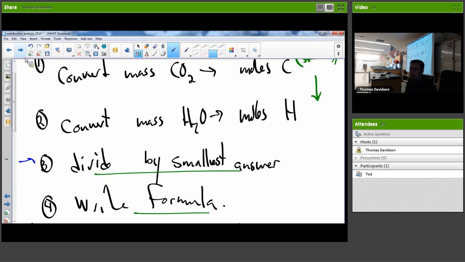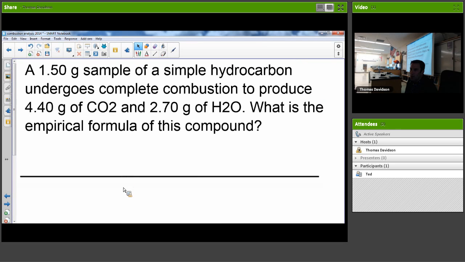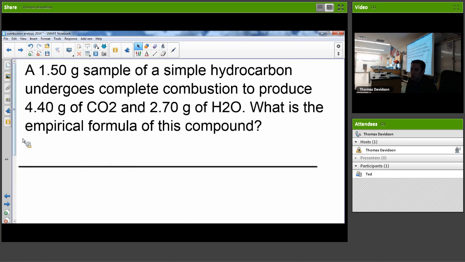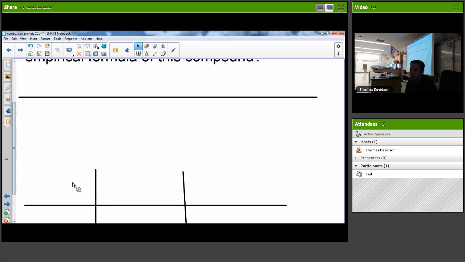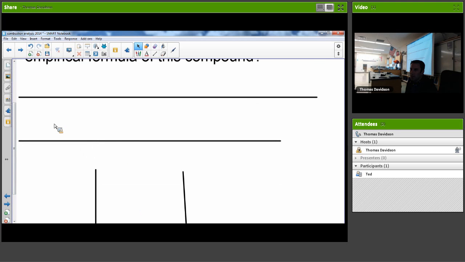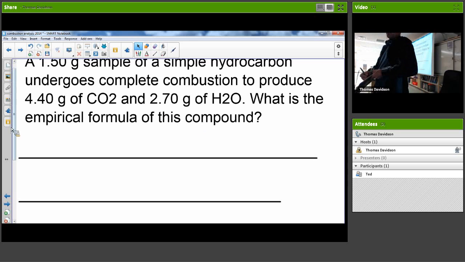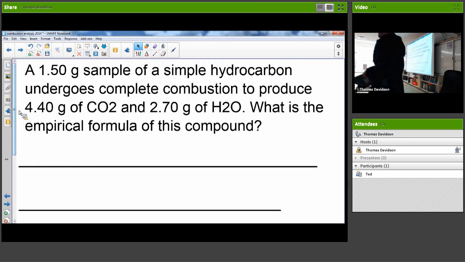Okay. So here we go. A 1.50 gram sample of a simple hydrocarbon. Oh, that's way down there. Hold on. I'll just leave it right like that. Simple hydrocarbon, by the way, means that it does not contain oxygen.